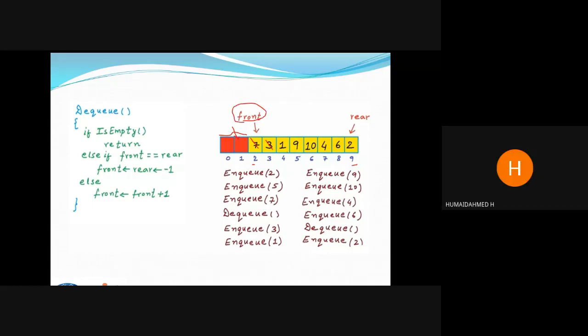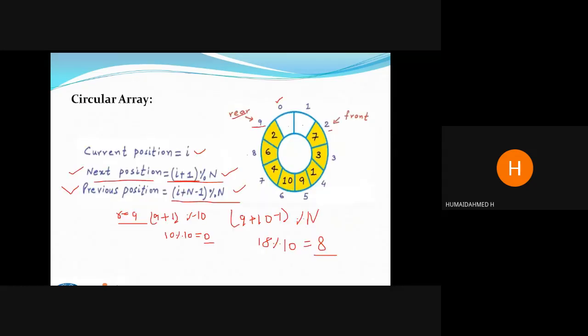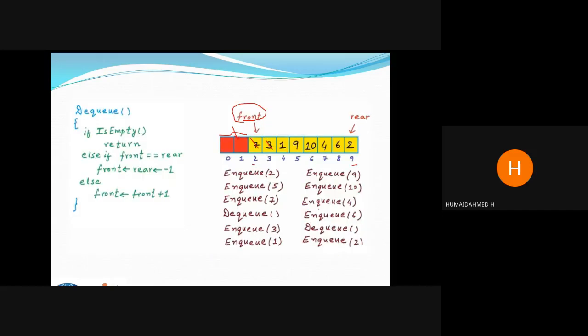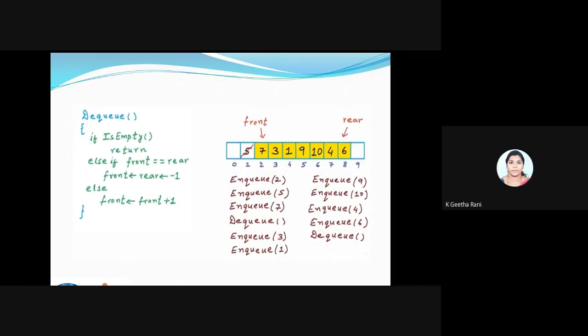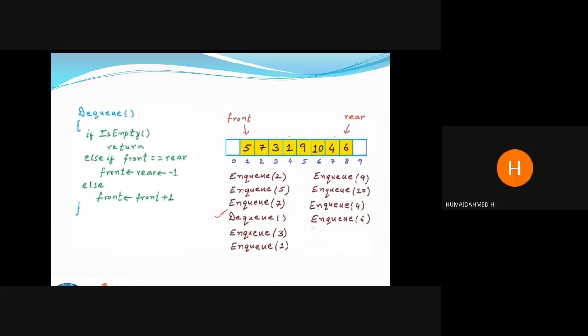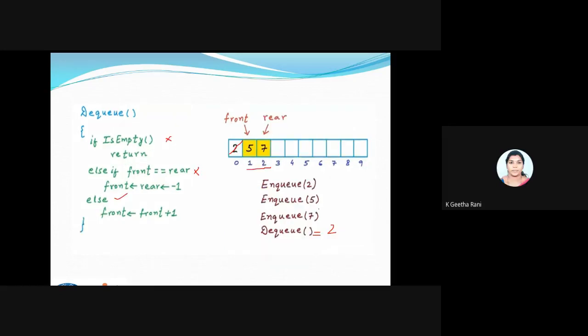In a linear queue also, you are leaving the first two spaces empty, ma'am. After that only the values are getting added. Why are you leaving those first two spaces empty? Here you're asking, am I right? While starting, I have left the two spaces empty, right?